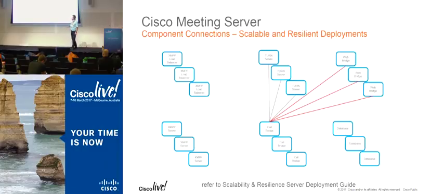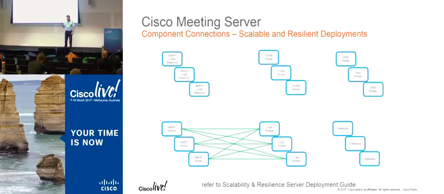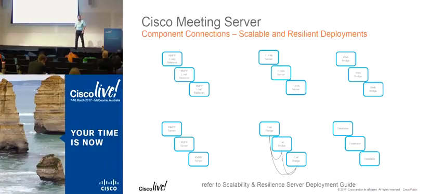Likewise, the call bridge can connect to multiple turn servers and to multiple web bridges. We can also have the call bridge connect to multiple XMPP servers as well. We can cluster the call bridges, and the call bridges can connect to a database master.